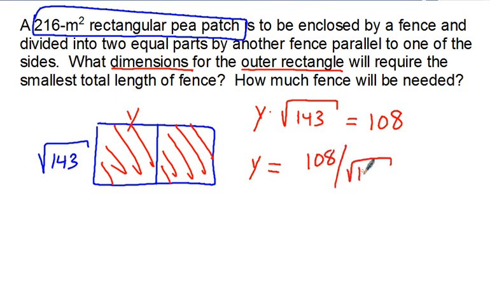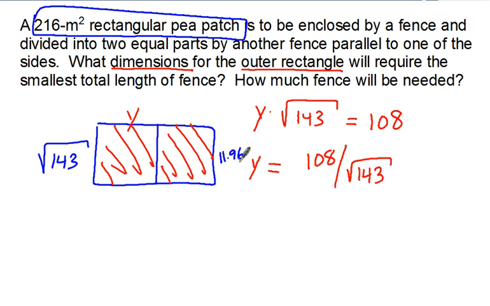And at this point, perhaps it makes sense to wheel out a calculator and approximate these values. So the square root of 143 is about 11.96. If you round, it's about 11.96.